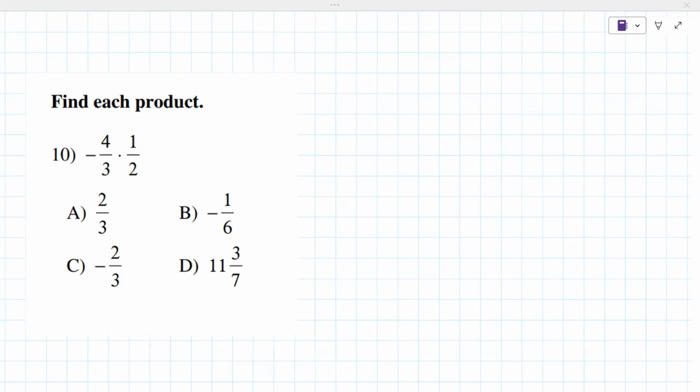Would it be B? Oh, sorry, I misread that. So you multiply the tops. What is negative 4 times 1 and 3 times 2? -4 and 6. Right. And so you see, can you divide both of them by 2?